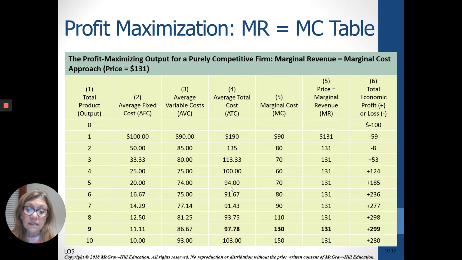And we could easily cover the average variable cost in column 3 of $93 if the price were 151. So to determine economic profit, we know at $151, we would produce 10 units. And to determine the economic profit, we would take the 151 minus 103, average total cost, times a quantity of 10, and that would be $480.